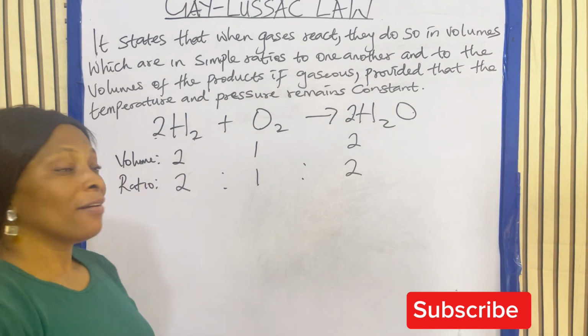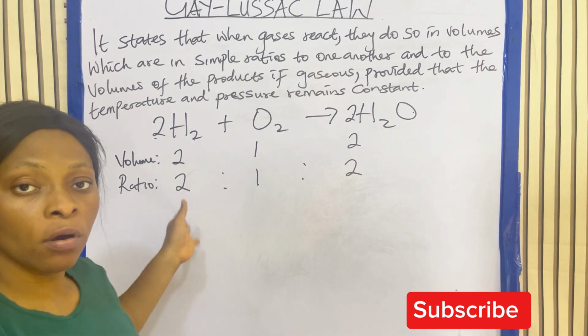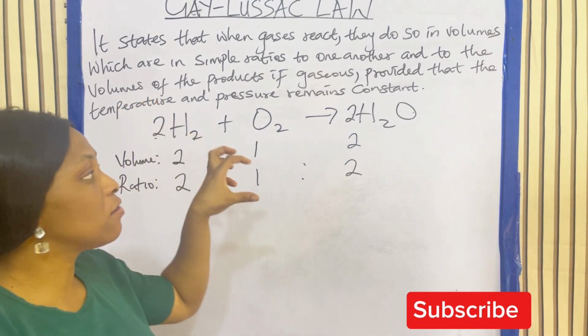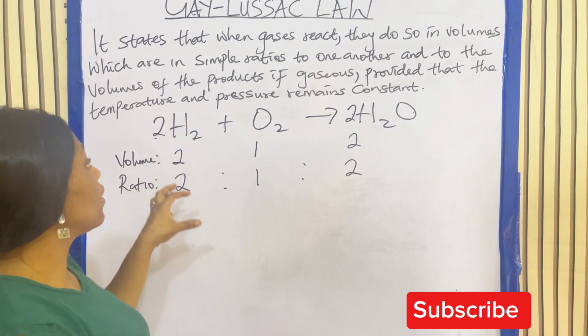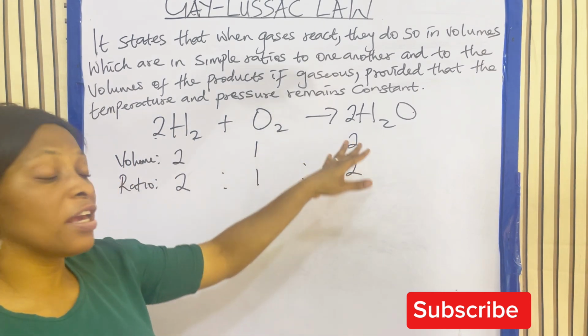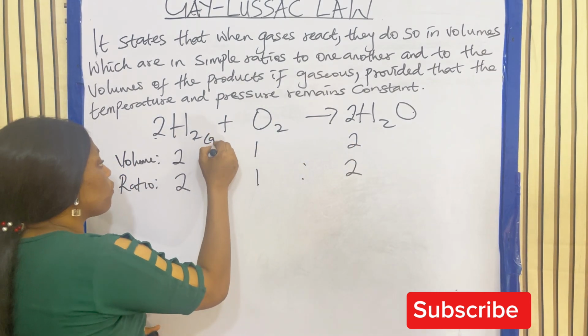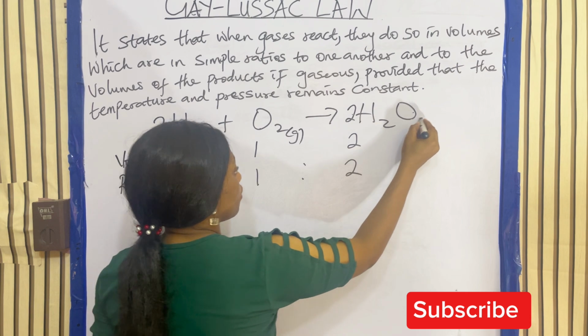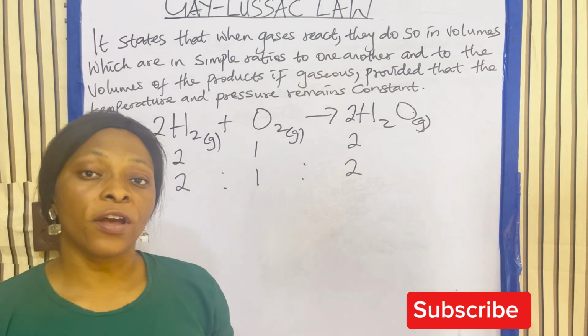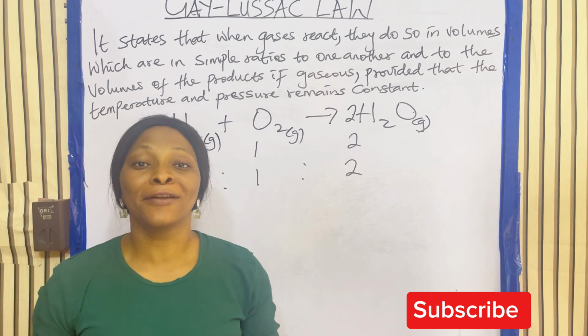These are the volumes, or the ratio, by which they react. This is what Gay-Lussac is trying to explain, provided that those products are gaseous. That means that they must be in the gaseous state. This is what Gay-Lussac is simply telling us. That's why we refer to it as the law of combining volumes.